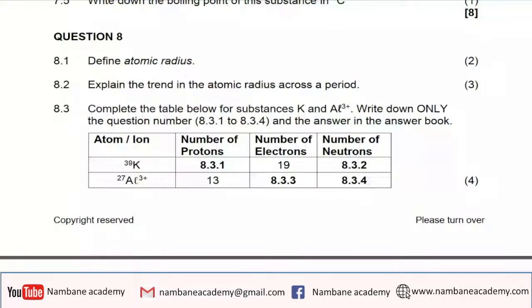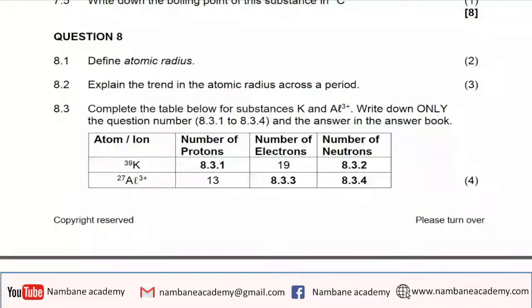Reason: the number of electrons increases from left to right. The electrons on the outer shell will be pulled towards the center by the attraction force of the nucleus. Because of that, it is going to shrink. So that is basically how we should look at it: what's happening to the electrons, and then what is going to happen to the force. That is going to be our 3 marks there.